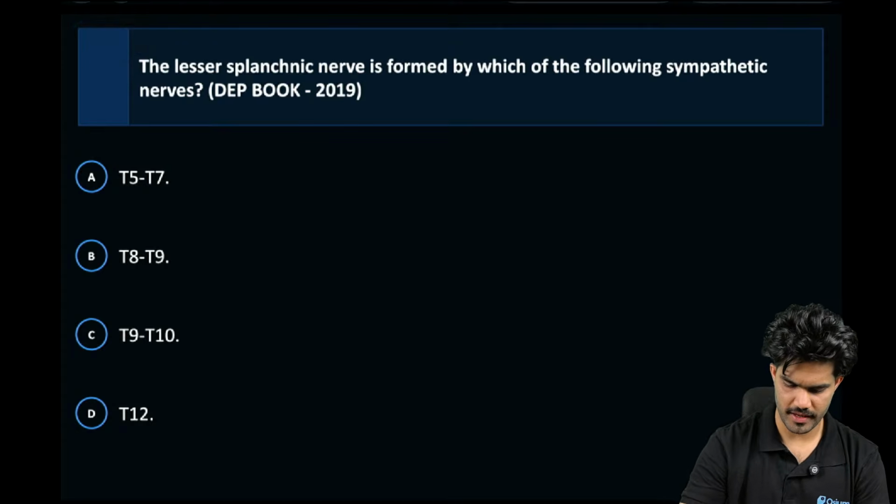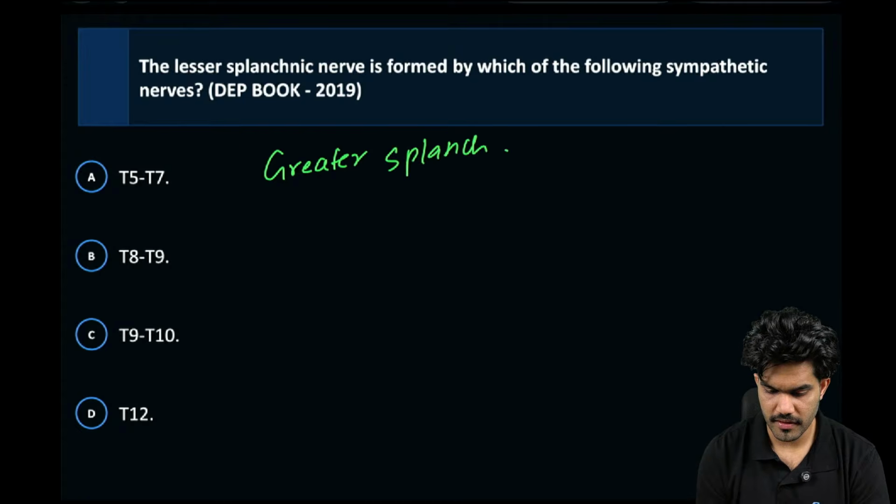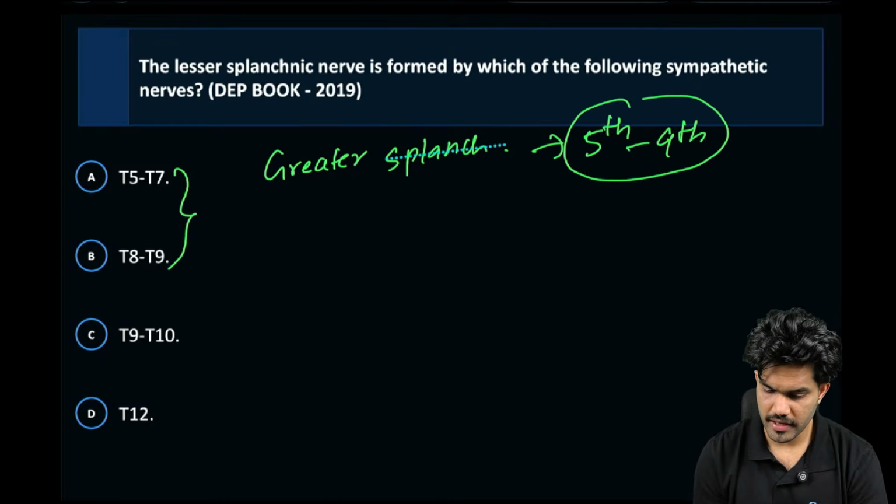Let's talk about C. Greater splanchnic means it includes 5th to 9th ganglia or thoracic nerves. Okay.